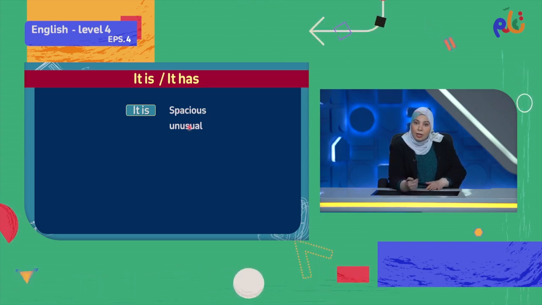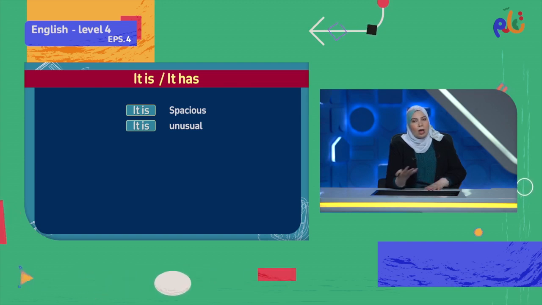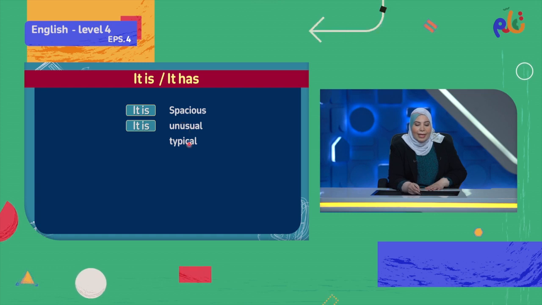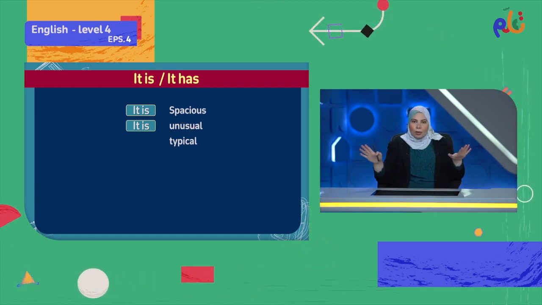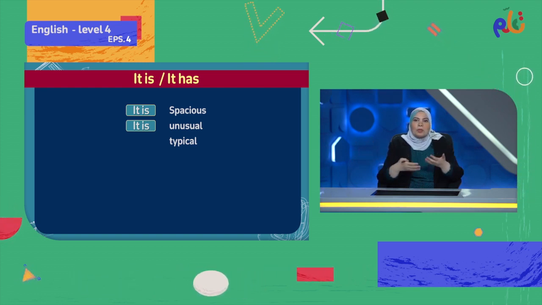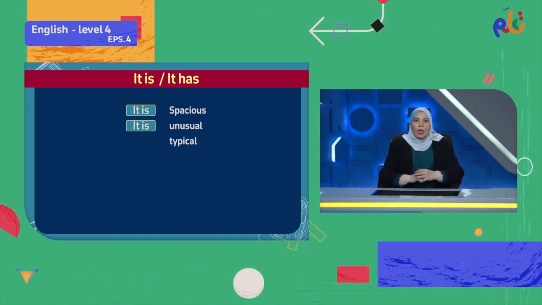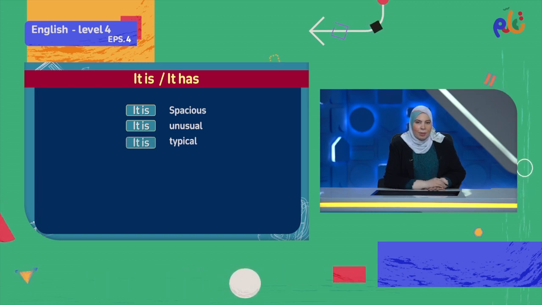Unusual here, it's another adjective, so I like my street, it's unusual. And we have typical. Typical means regular or normal. So I can say I have a typical flat, which means the regular normal flat that anybody can have. So again, we're talking about an adjective, so it is typical.